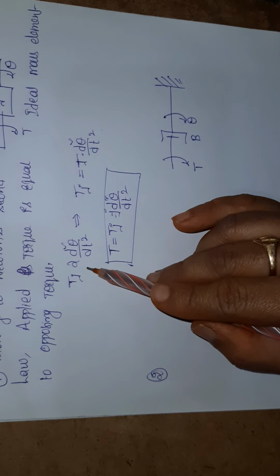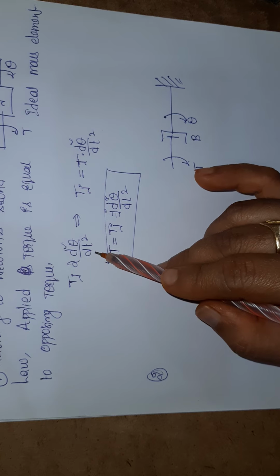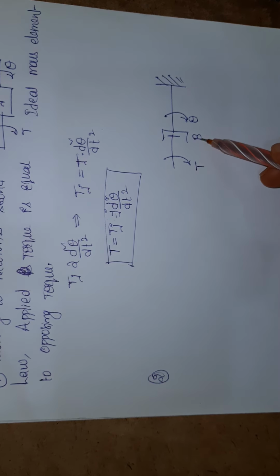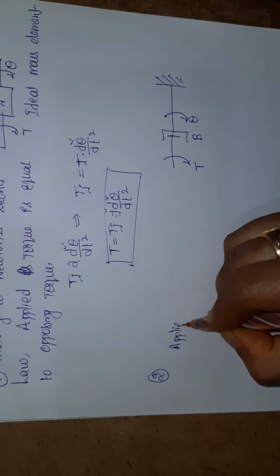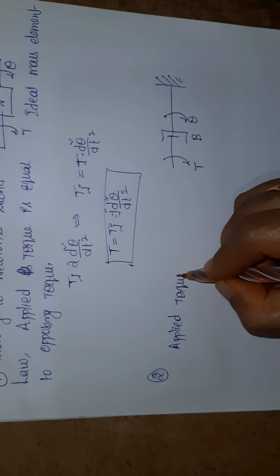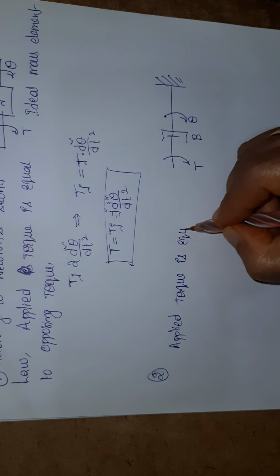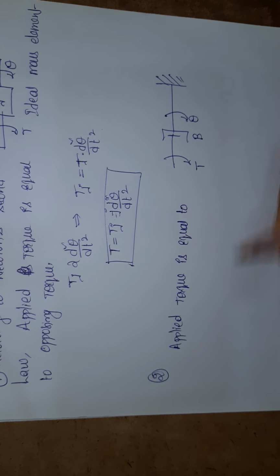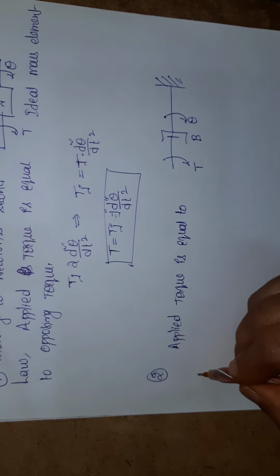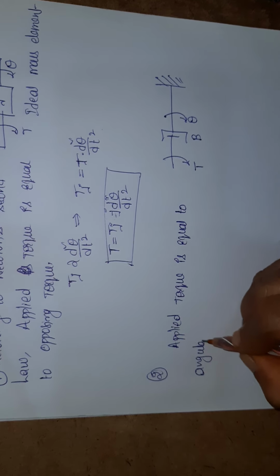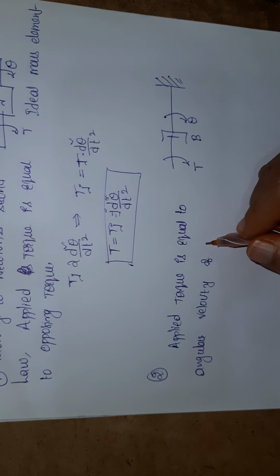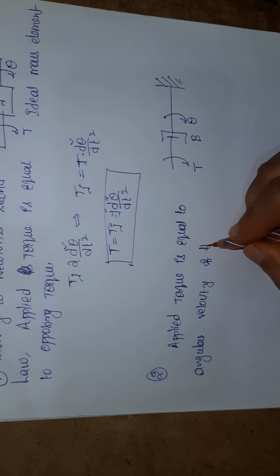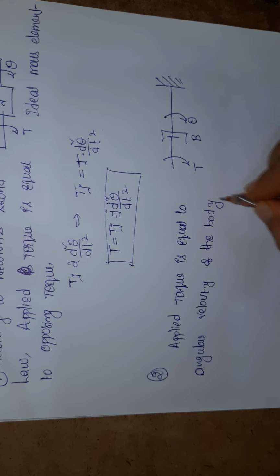In the case of B, that is the dashpot, the applied torque is equal to B times the angular velocity of the body, that is TB.